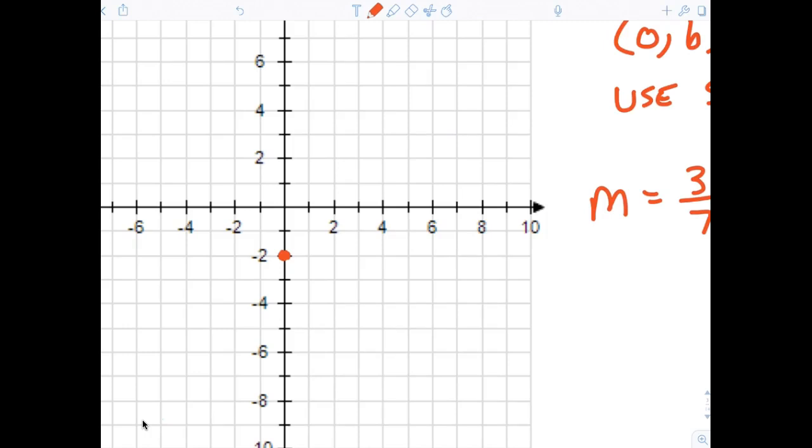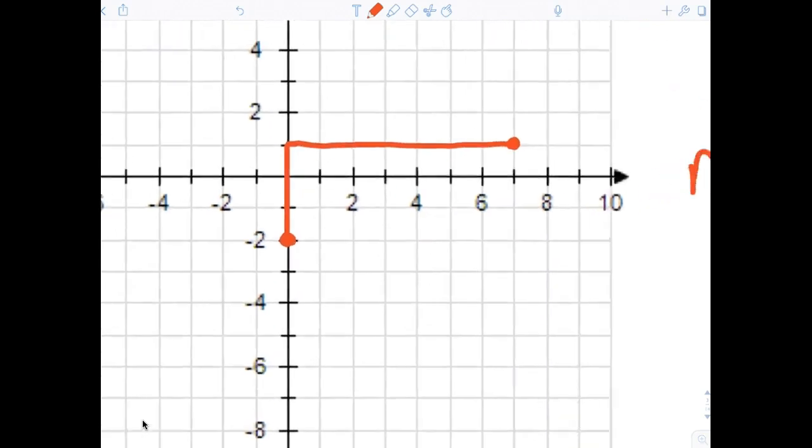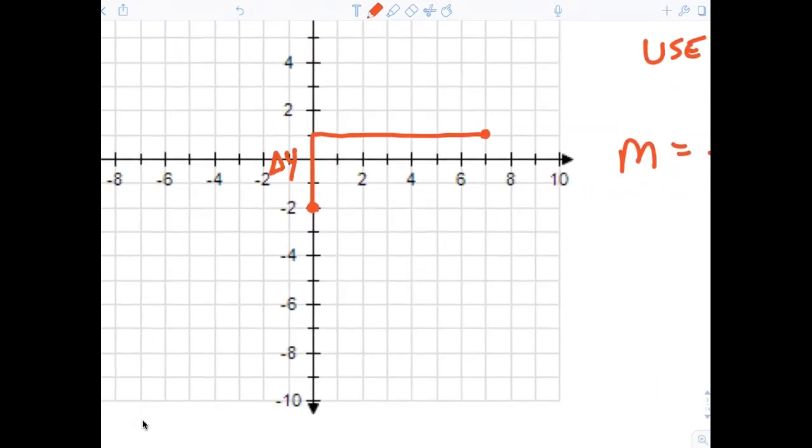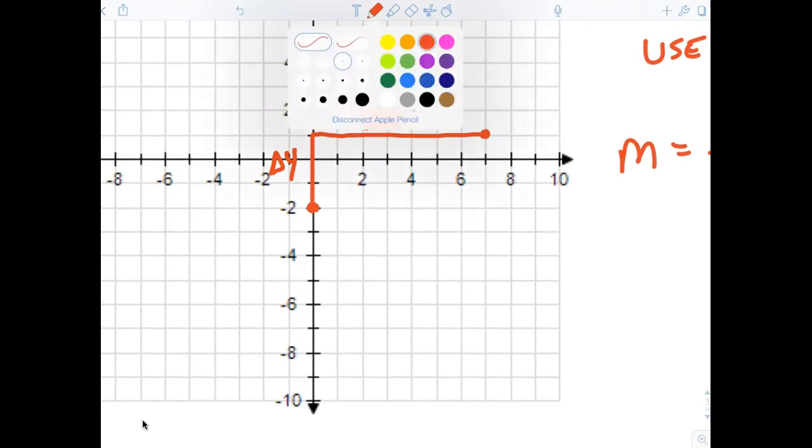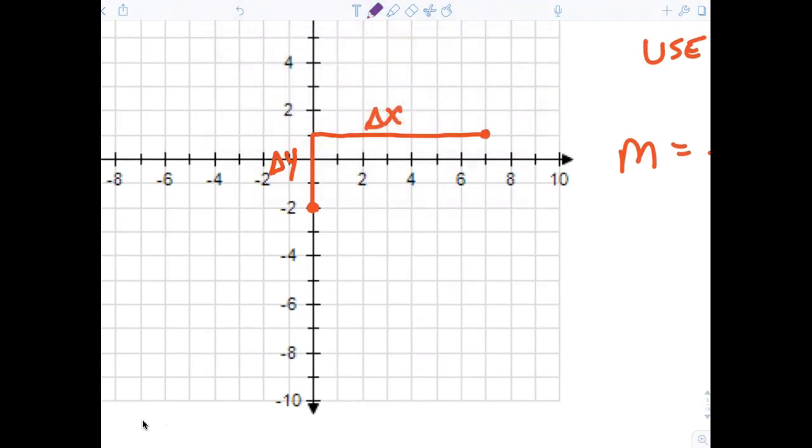So now, up 3: 1, 2, 3. We don't plot a point. We then go over 7: 1, 2, 3, 4, 5, 6, 7. Now we plot that point. Just to blow it up for you, this is delta y. This is delta x. And now we can draw the line. I draw the line through those 2 points. Now, come on, guys. That's pretty easy.